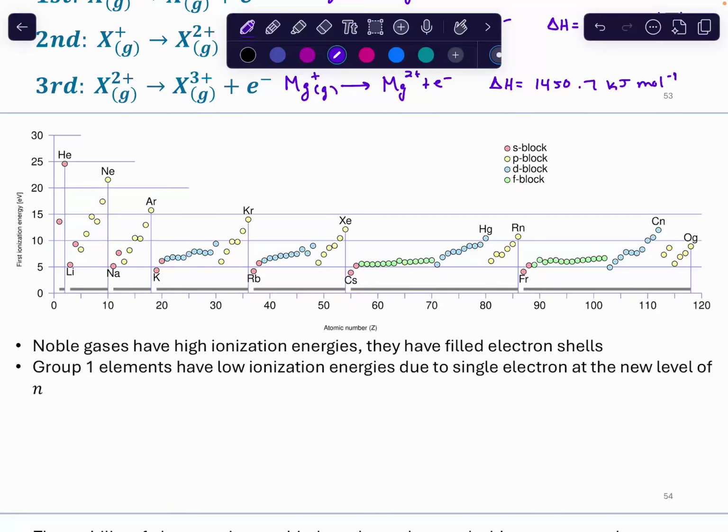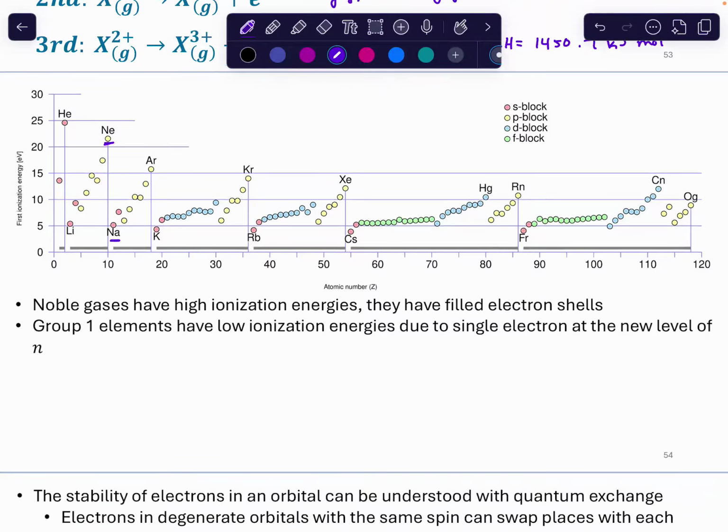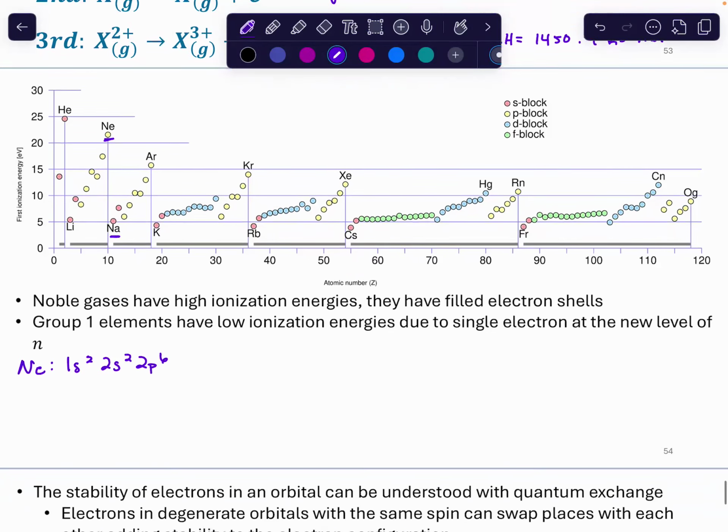But let's take a look at how we can understand ionization energies. We can actually understand them through screening. So if you see we have sodium here and neon way up here, well, let's look at neon for a second. Now, if neon was to be ionized, one of those two p electrons would have to come off.